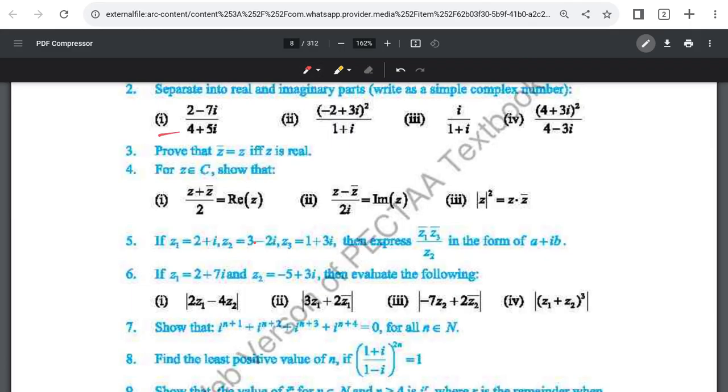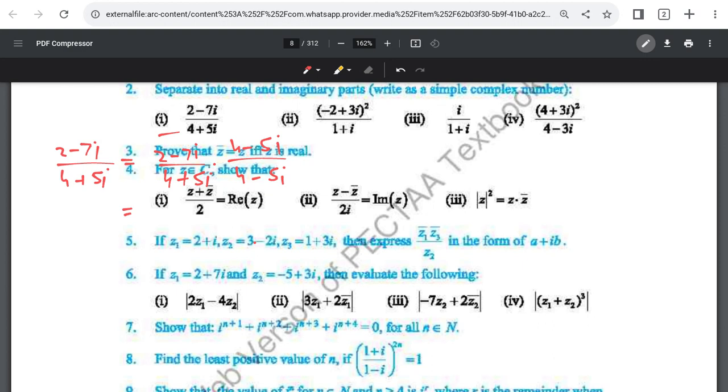So first of all we write it down as 2 minus 7 iota over 4 plus 5 iota, multiplied by the conjugate of the denominator. The conjugate of the denominator is 4 minus 5 iota over 4 minus 5 iota.